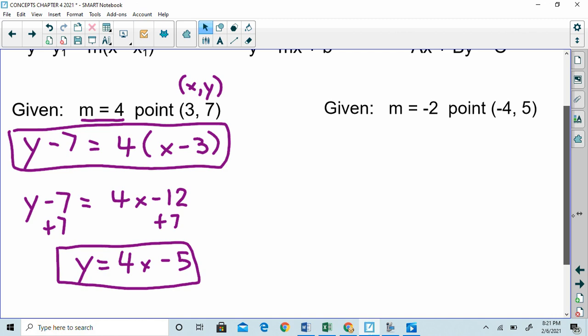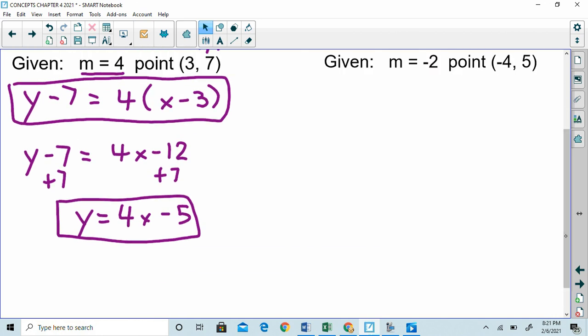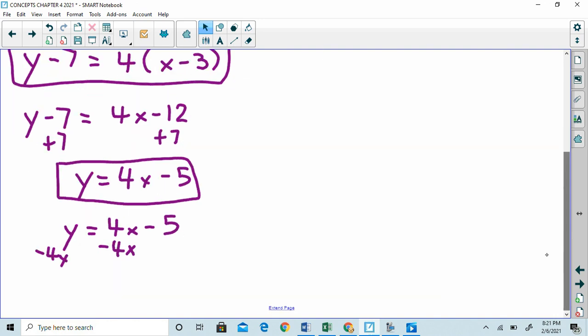If I wanted to take slope intercept form and write this to standard form, I would then have to move my variable term over. X's and Y's need to be on the left. So if I have this initial equation and I subtract my 4x on both sides, I will have negative 4x plus y equals a negative 5.